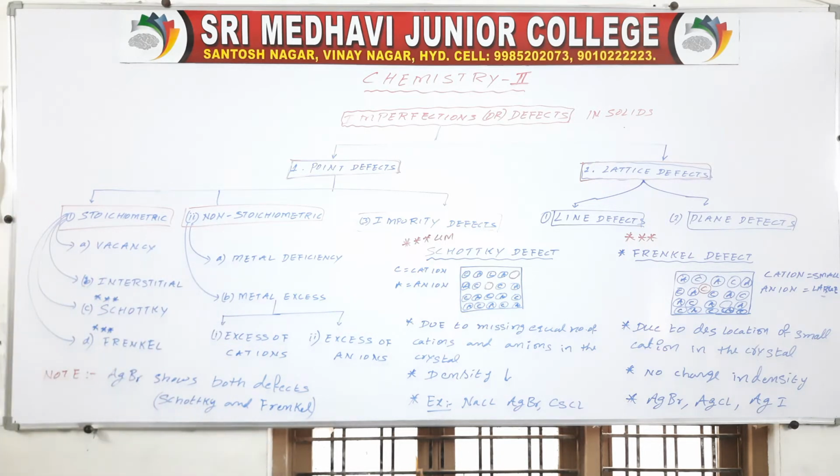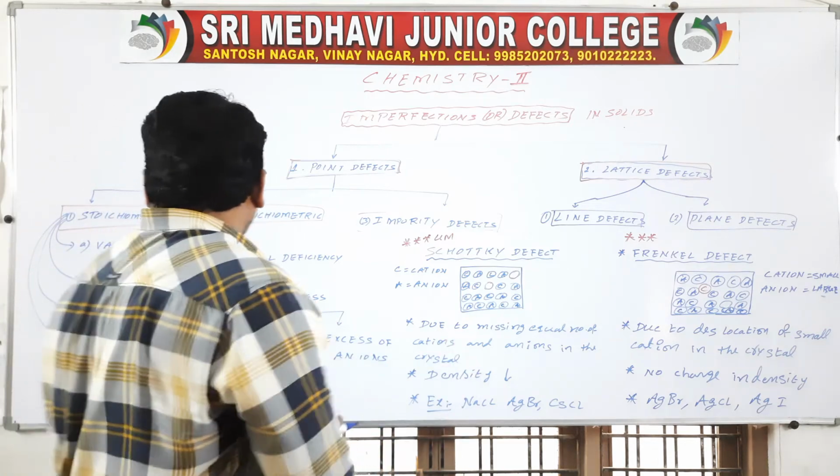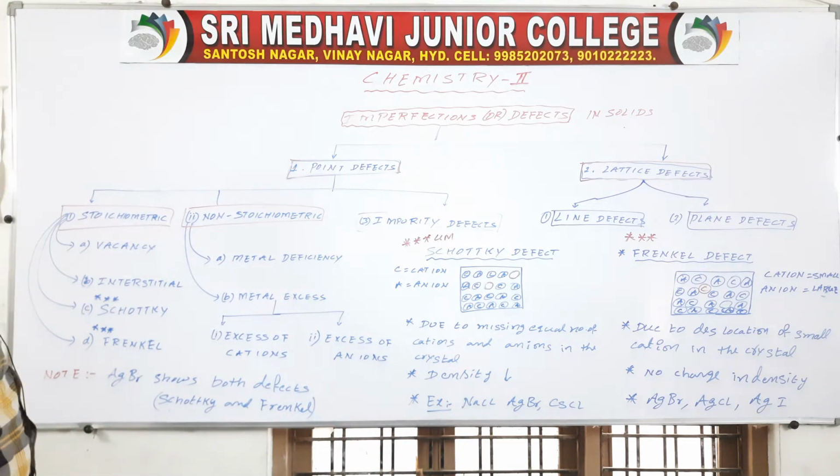AgBr shows both the defects, Schottky and Frenkel. Okay, this is about stoichiometric defects.